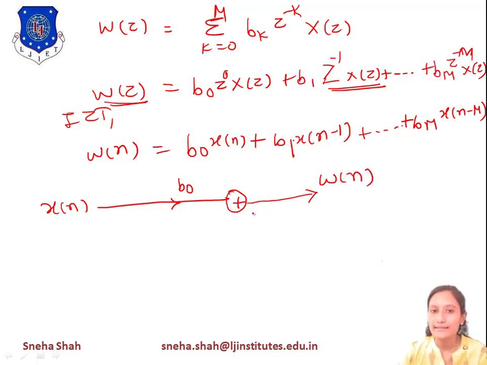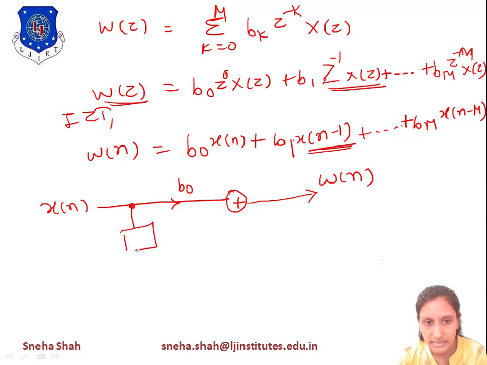Now x of n minus 1 is represented as a delay by 1 unit, and we are representing this structure in canonic form. So over here we will represent it in terms of z raised to minus 1.